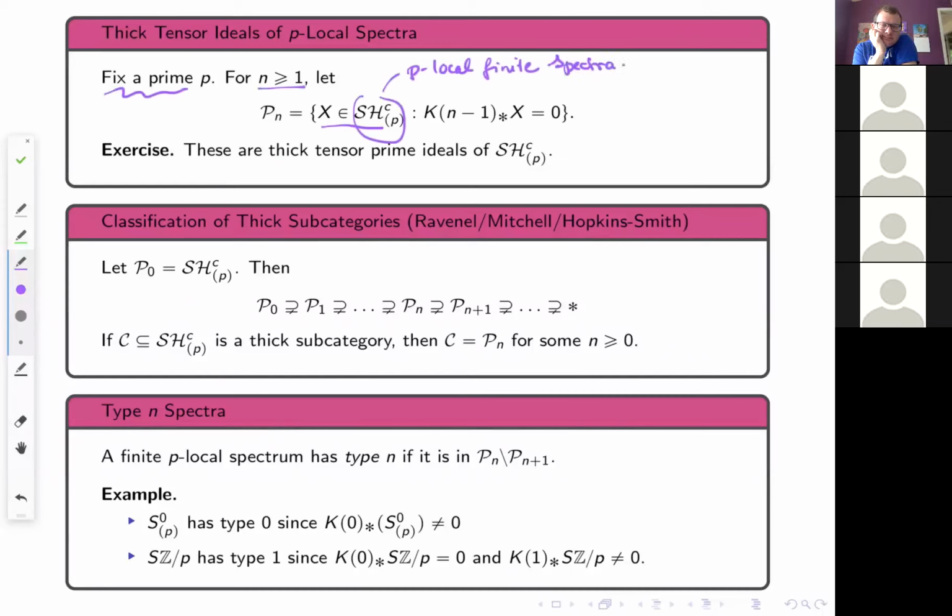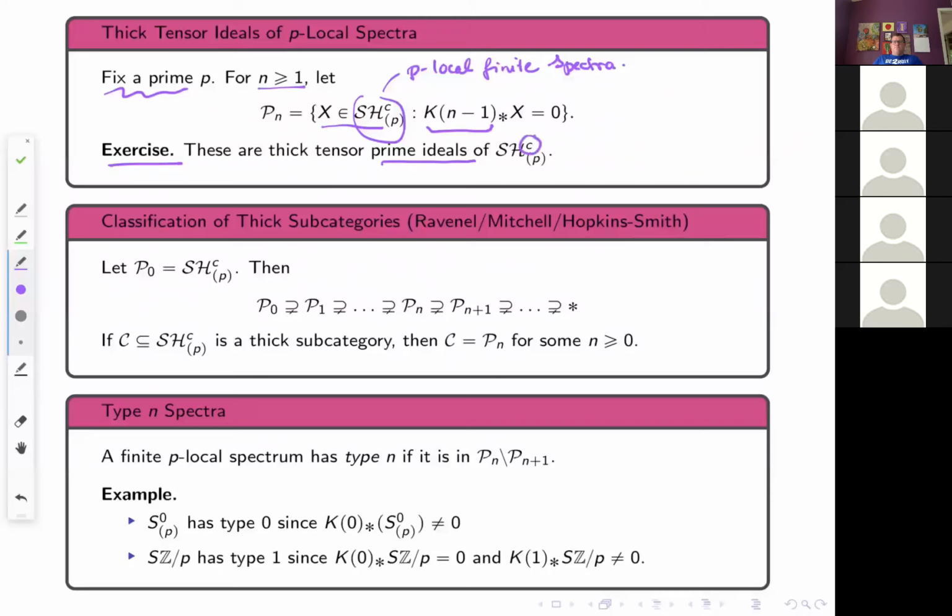You look at those p-local finite spectra whose K(n-1) star homology vanishes. So it's the K(n-1) star acyclics. And you can go through the properties and check that these are thick tensor prime ideals of finite p-local spectra. Remember, the C here means finite.